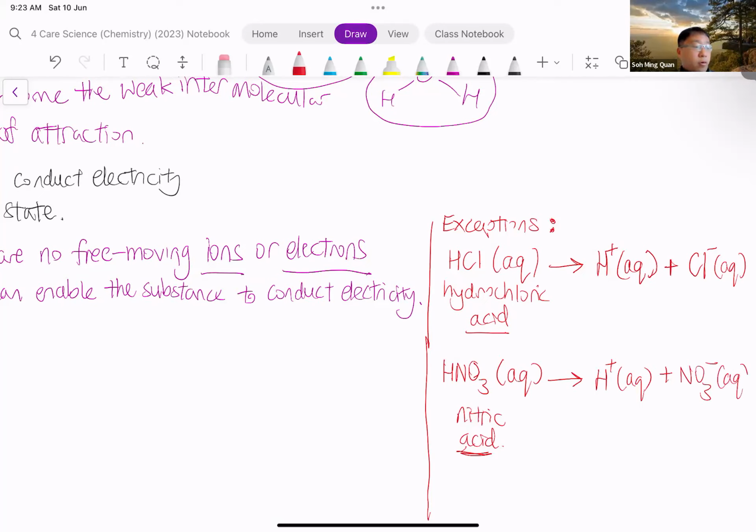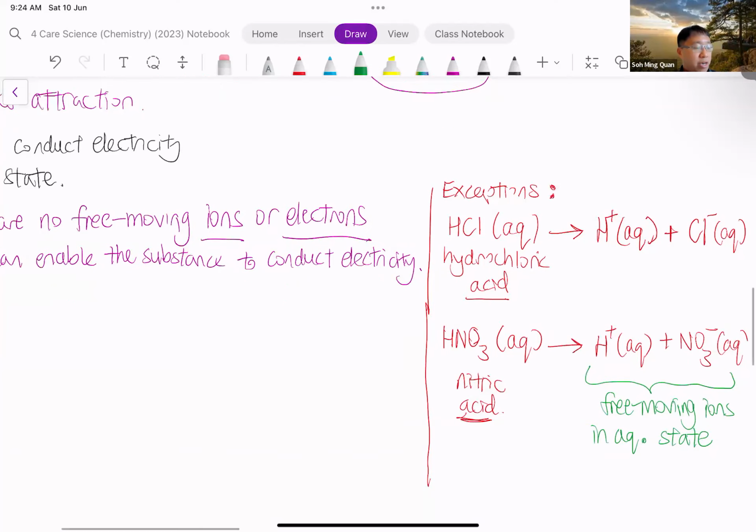So these ions are free to move. In the aqueous state, HCl and HNO3 will conduct electricity because they produce H plus ions which are free to move in the aqueous state.